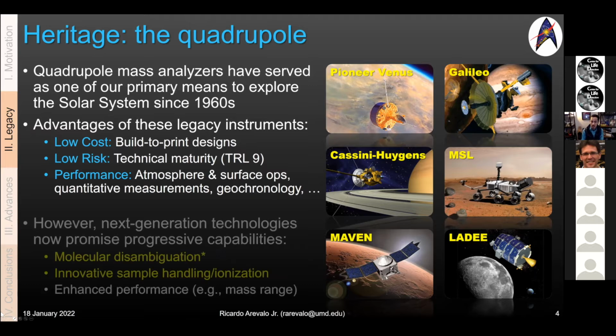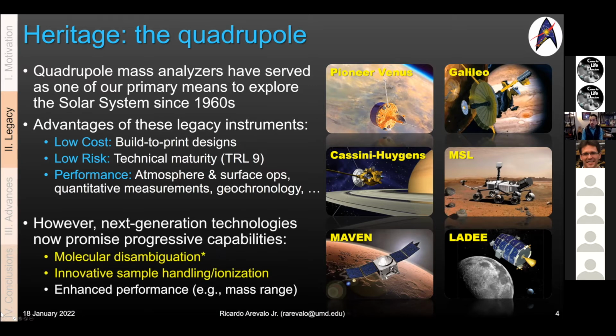That being said, since the 1960s, there's been a lot of time and a lot of money invested in maturing alternative mass analyzers that bring other analytical advantages to the table. The advantages I'm going to focus on today are what I'm going to call molecular disambiguation and innovative sample handling, so the capacity to interface to different ion sources.